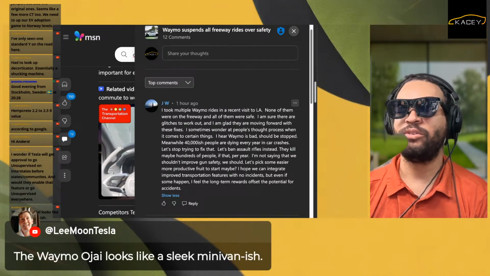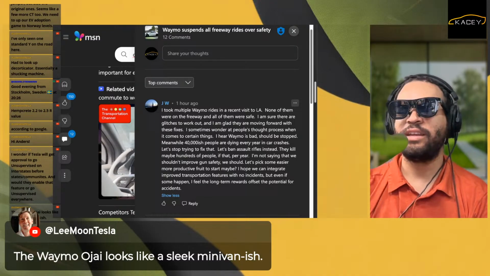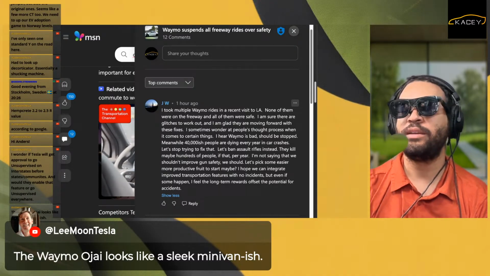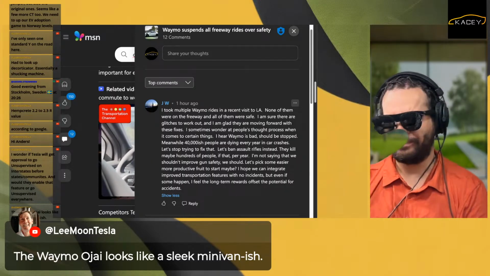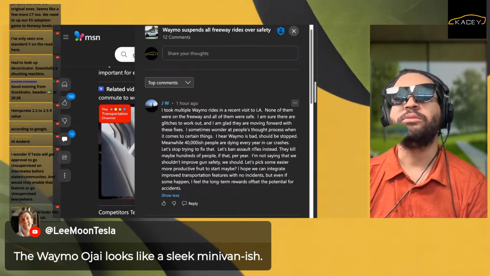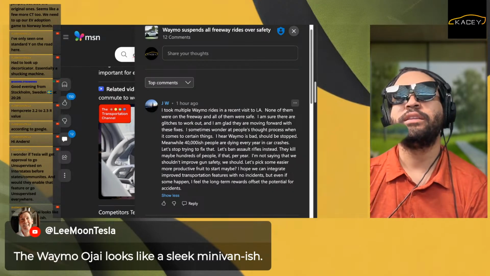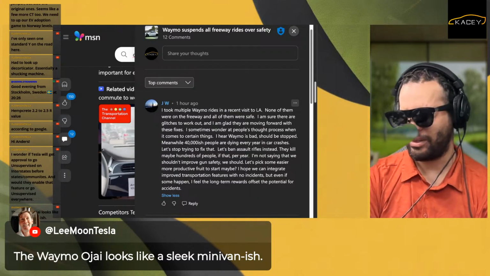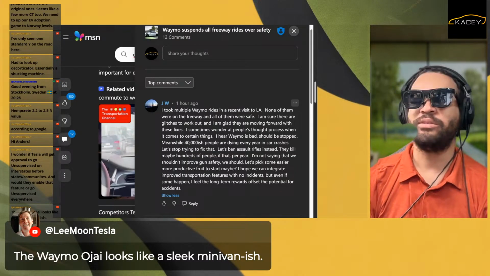The Waymo Ojai looks like a sleek minivan. Yeah, it looks like the new Kia minivan and those companies that closed. The European one and the US one that I always mix up with each other that made the little round UPS trucks.